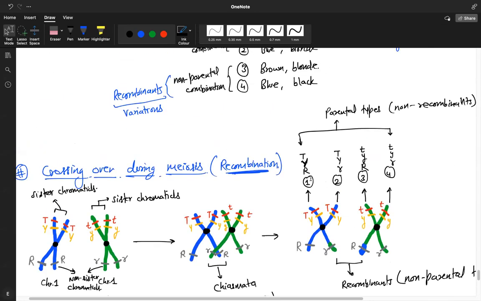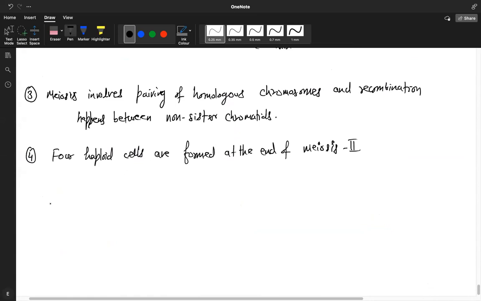Okay, now coming to Iram. So you have made the notes, right? So let's start meiosis now. Meiosis-1, let's start with M1. What are the stages in Meiosis-1?